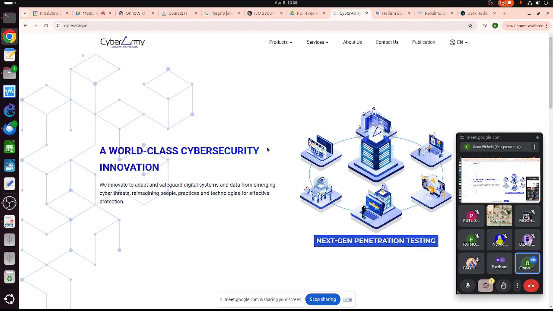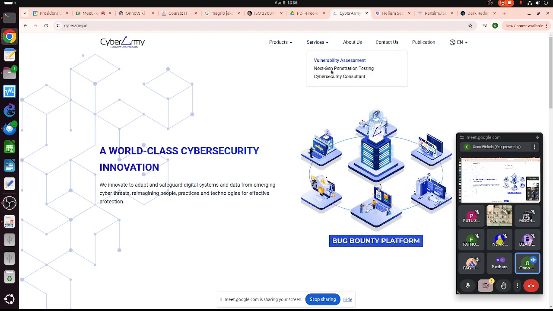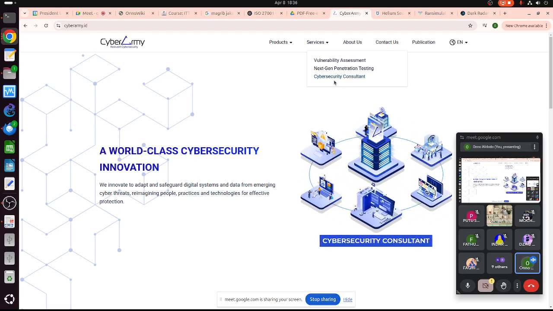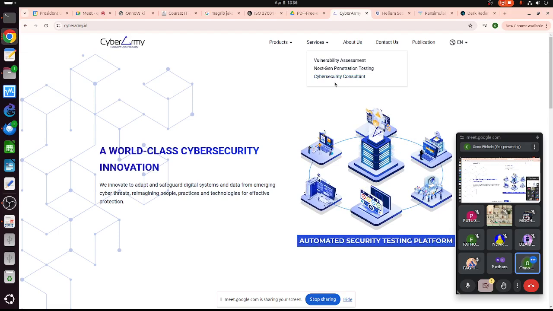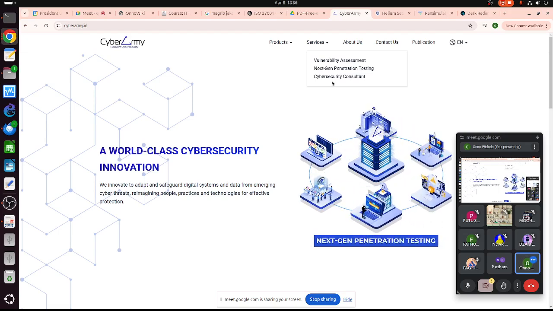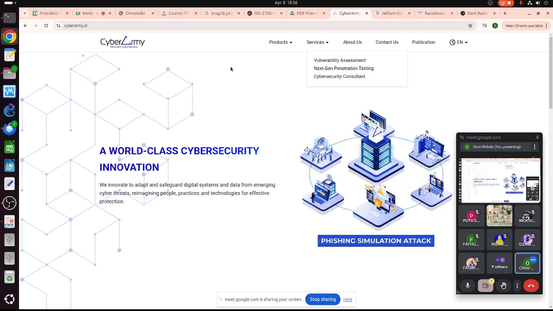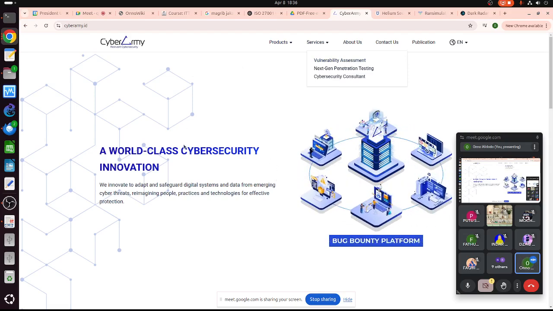Of course, they can also do cybersecurity consulting, pen testing, and so on, including ISO 27000 and 31000 auditing. Okay, so this is Cyber Army.